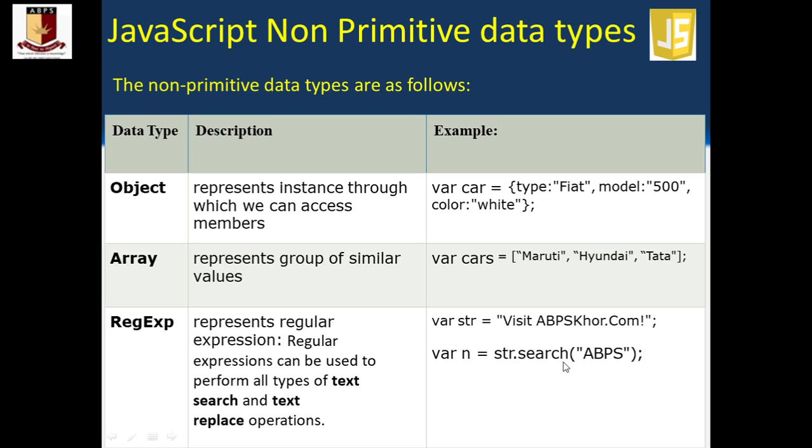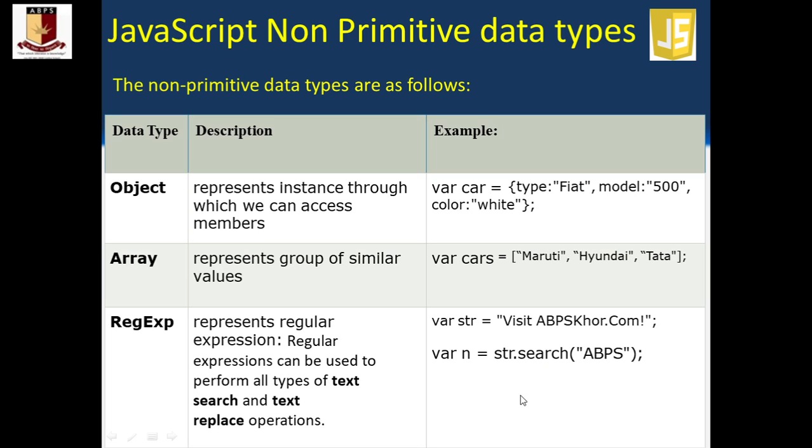This search function returns a numeric value, and it will search for abps, wherever abps is stored in the str variable. Just count the characters in str: 1 2 3 4 5, and the space is also counted as 6. So abps starts from 6, so this will return 6, and this 6 will be stored in the n variable. So search will return a numeric value.